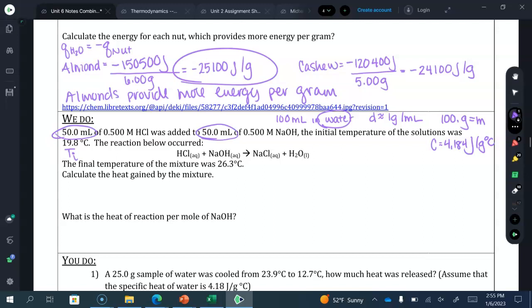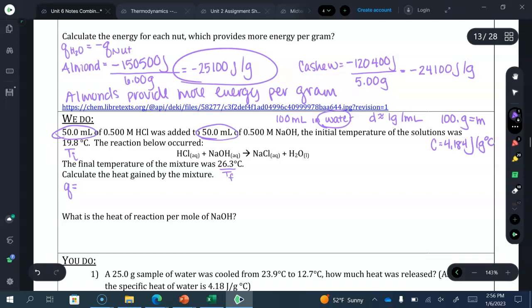Next, you need to determine your delta T. So we are going to set up this equation: Q equals MC delta T. I want you to set this up and solve for Q using the mass of the solution, the specific heat of the aqueous or water-based solution, and your delta T based off of T initial and T final.